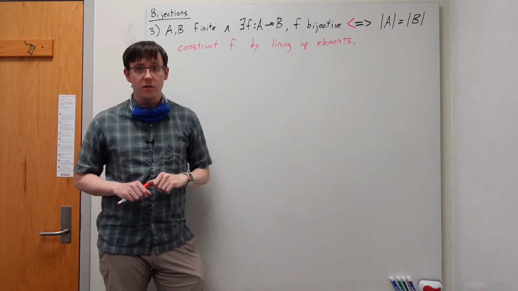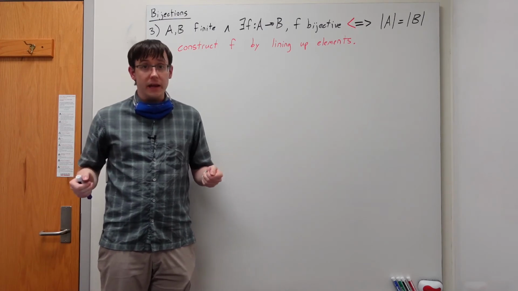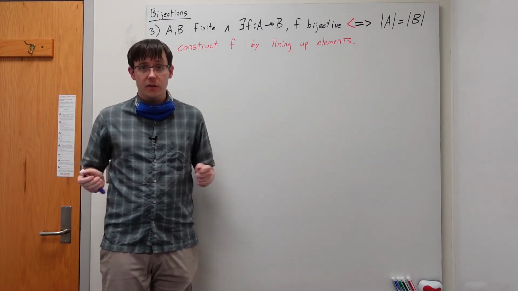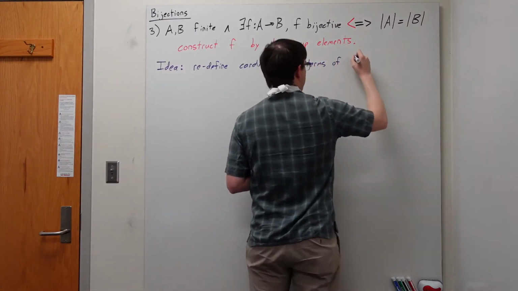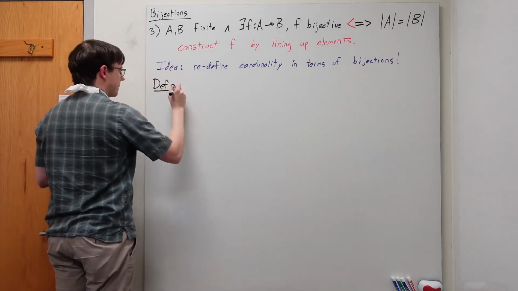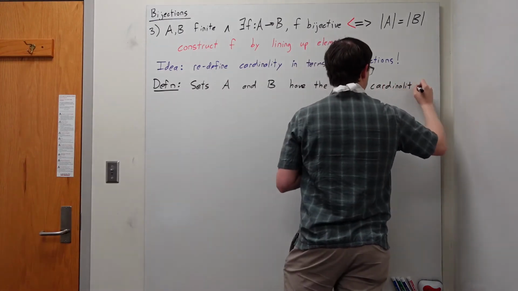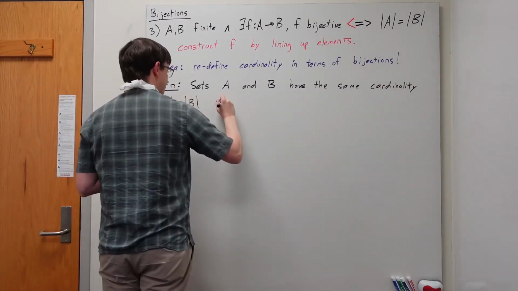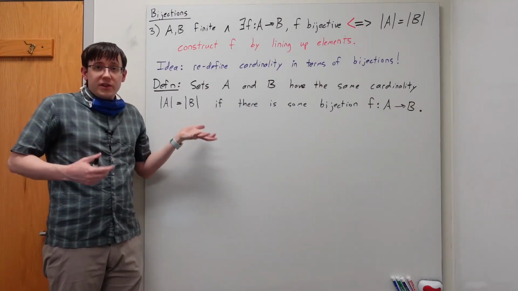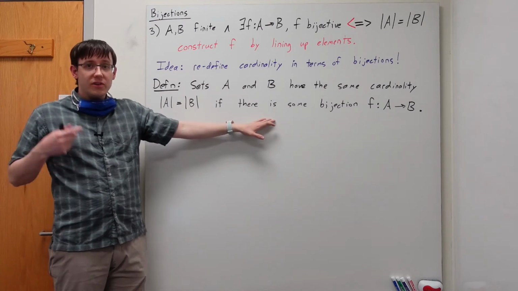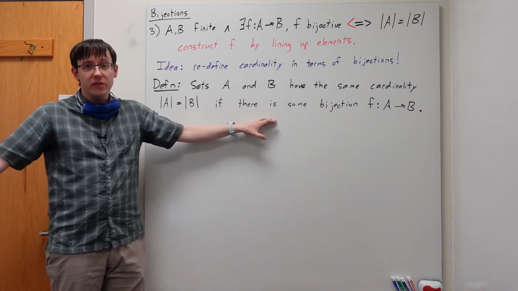So the really awesome idea is that we could redefine our notion of cardinality in terms of bijections. So this definition says that two sets have the same cardinality when there exists some bijection between those sets.